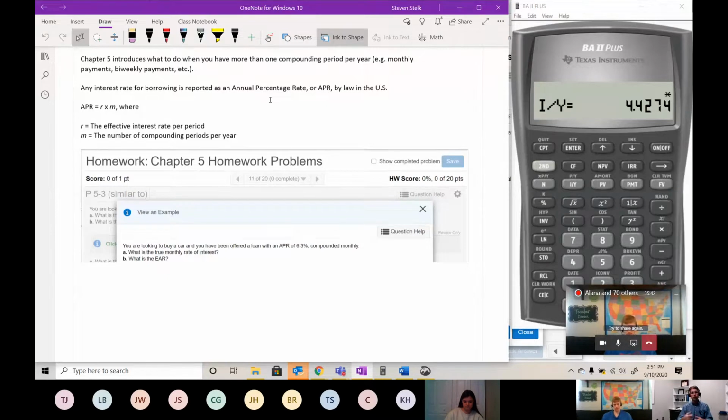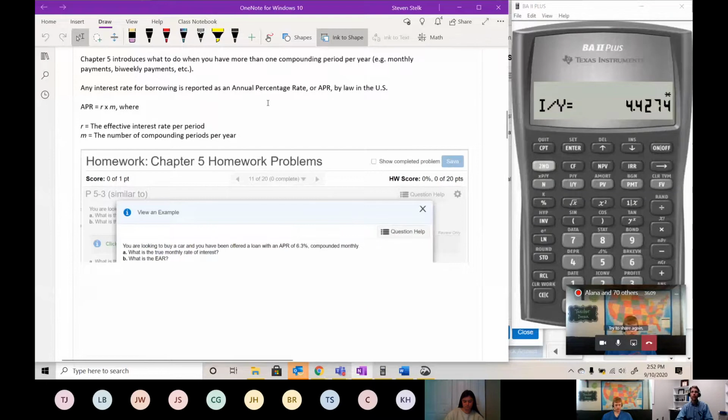Your cell phone bill, your car note, your mortgage, all that stuff requires monthly payments. And so you actually have compound interest accruing within the year. Every time you make a payment, it's got a little bit of principal and a little bit of interest in it. That interest accrues interest, so we've got compounding happening inside of the year. So when we're working problems with those kinds of payments, we've got to deal with that.